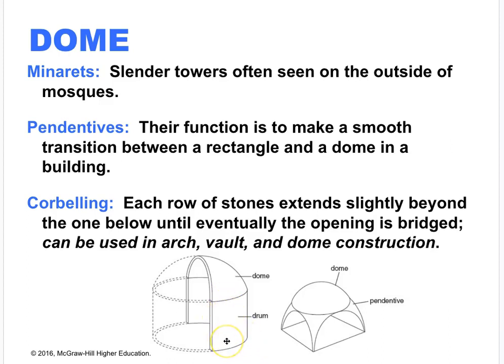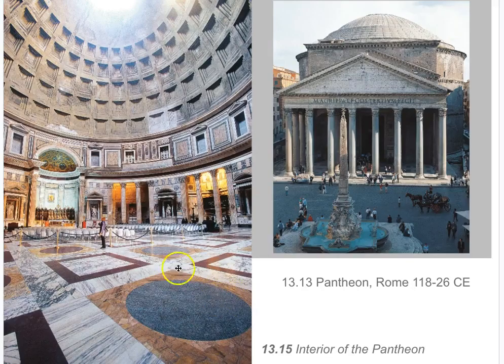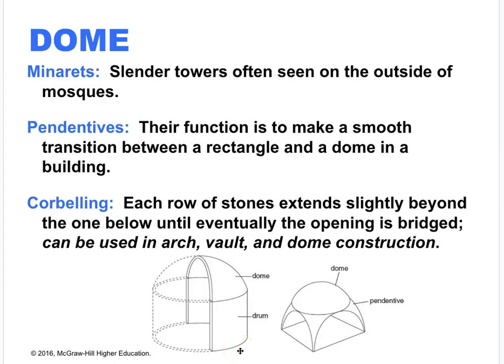So you have the drum base with the dome sitting directly on top of it, just like this. This is the drum base down here with the dome on top. And in this style, you have a square base. These would be two different styles with these pendentives holding up the dome. And we're going to look at an example of that in just one second.